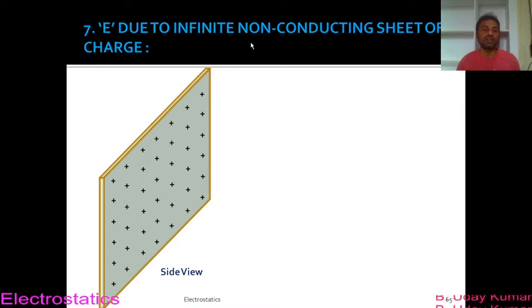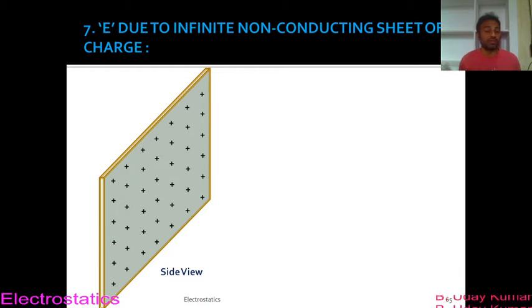So what is the meaning of this non-conducting sheet of charge? A non-conducting sheet of charge is nothing but a sheet where the material on which the charge is distributed uniformly is made of non-conductor, that's all. So that becomes a non-conducting sheet of charge.